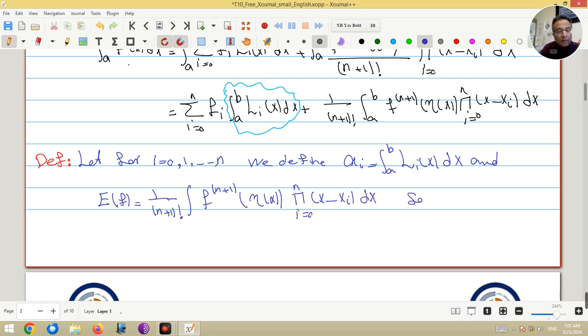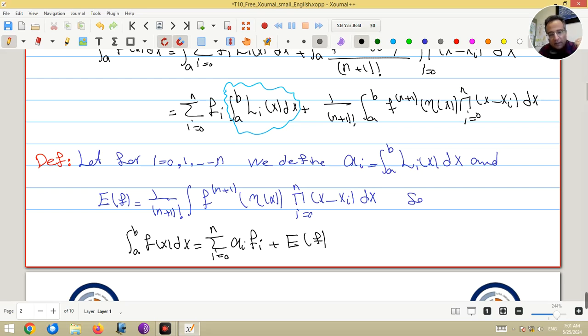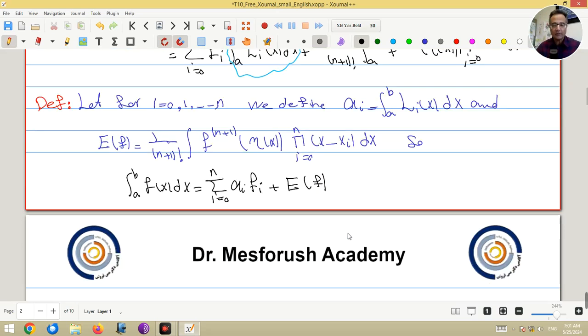So this integral from a to b of f of x dx can be written as the sum for i equal to 0 to n of ai f(xi) plus E of f, right? This is correct.